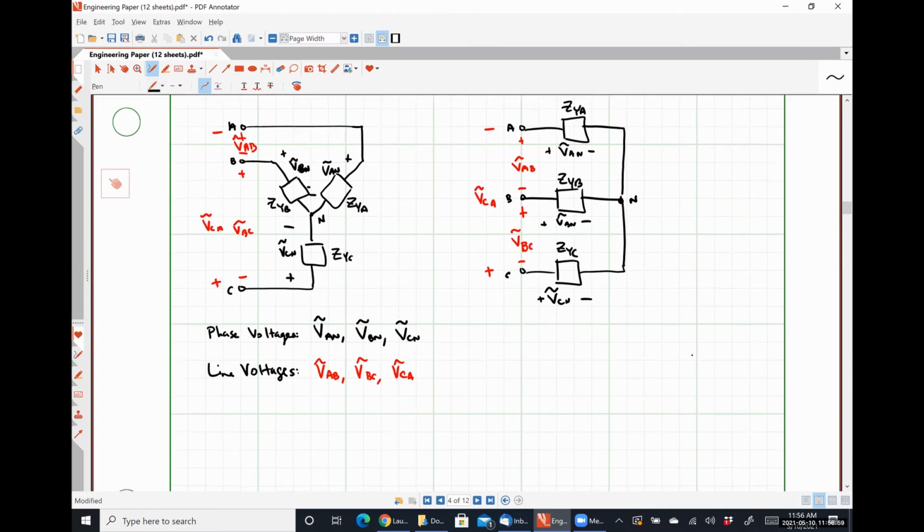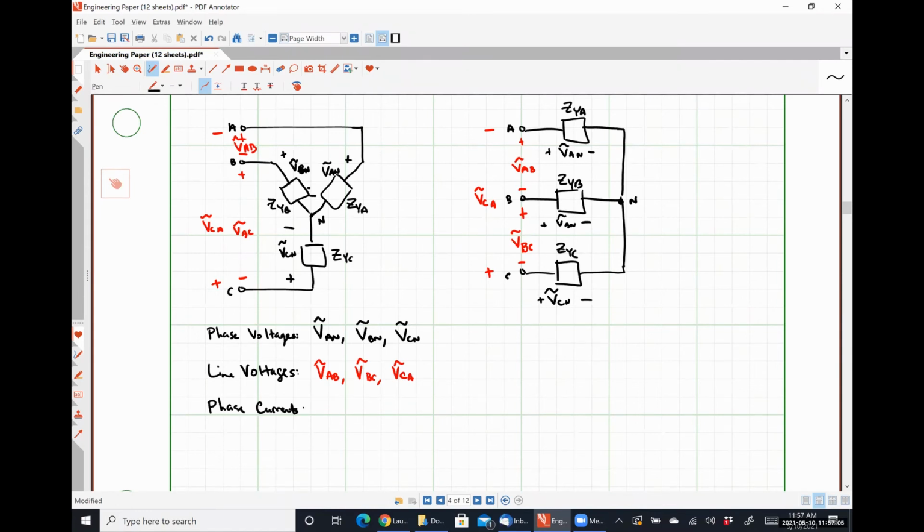And finally, our phase currents are going to be what? So same thing as the phase voltages, but I instead of V, right?